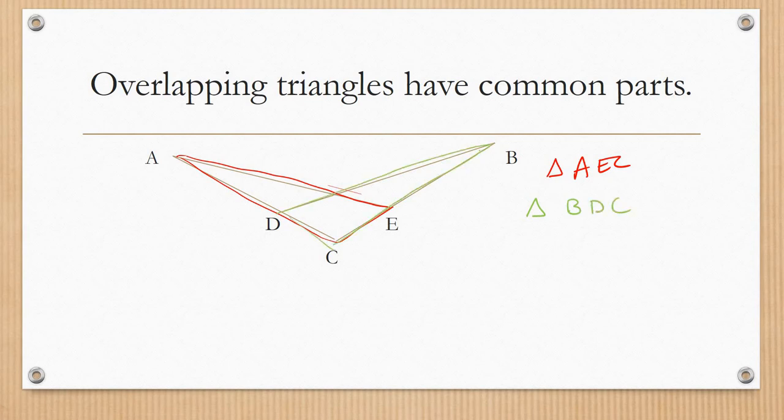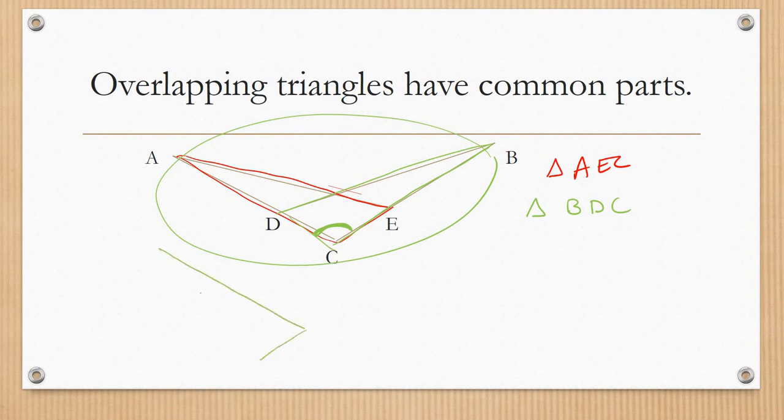They do overlap, and what we're going to be looking for when we look at overlapping triangles is parts that are the same, parts they have in common. In this case, both of these triangles have a common angle in angle C. So when we can look at overlapping triangles and pick out parts that they have in common, we can use those parts to show congruency.